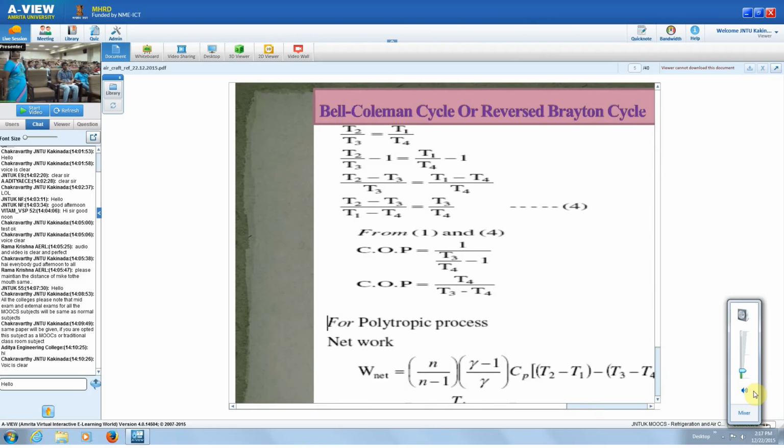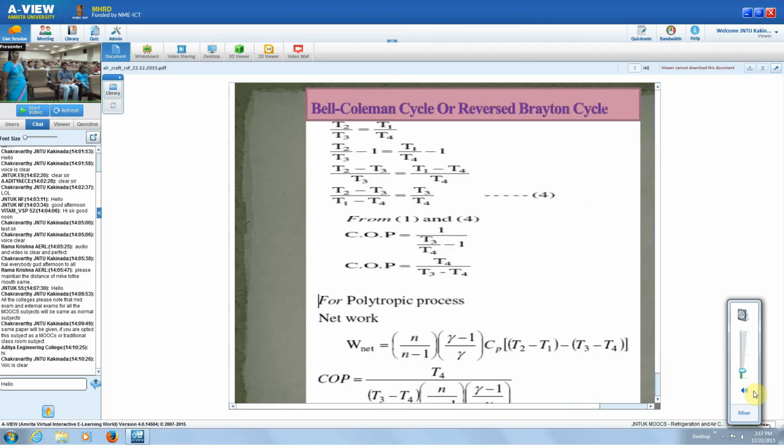So we can also equate T2 by T3 is equal to T1 by T4. So we can subtract 1 from the left hand side and also from the right hand side. So from that we can write that (T2 minus T3) by T3 is equal to (T1 by T4) minus 1. So from that we can say that (T2 minus T3) by (T1 minus T4) is T3 by T4.